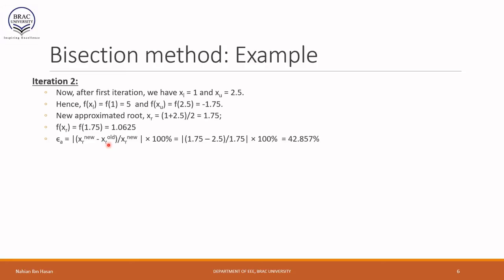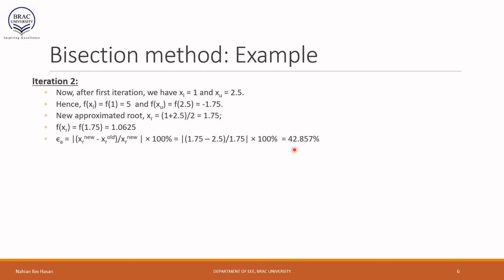So now we can apply this formula for epsilon a, which turns out to be 42.857%. That means we have an approximate error of this percent, so we are not near our convergence and we need to use further iterations.